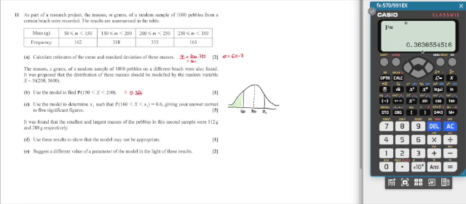We can go back into our distributions. Oops, wrong one. We want the probability of that green one, so that's normal CD.